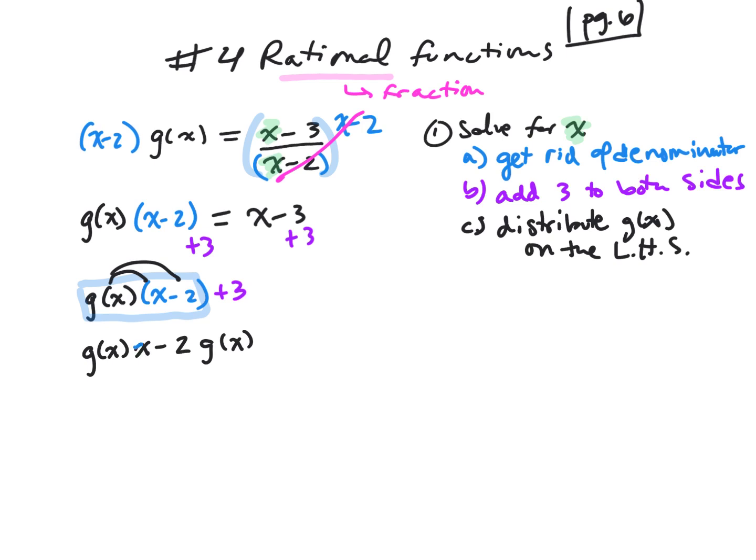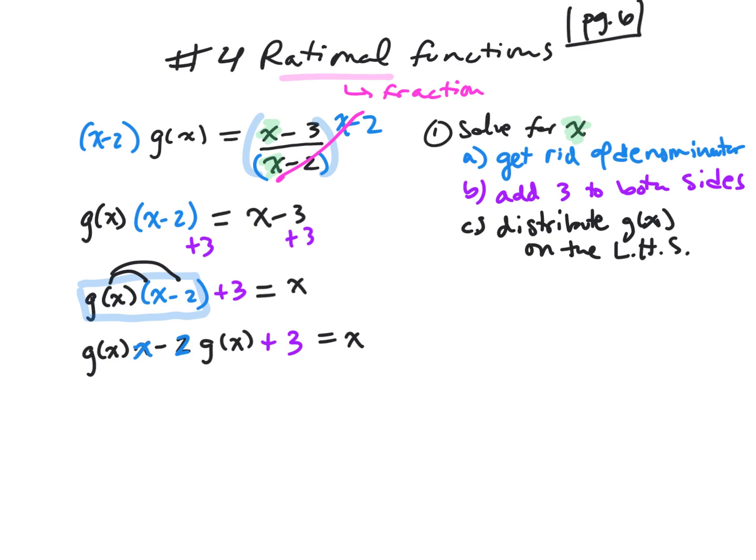So this was that, and this was that. My x and my negative 2, my g of x is the same. And then I still have this plus 3. I also didn't write that. Okay.